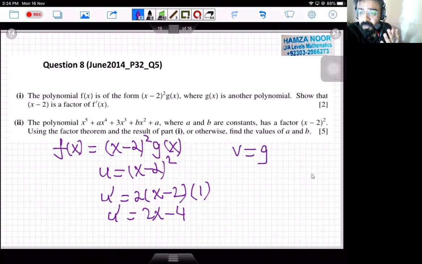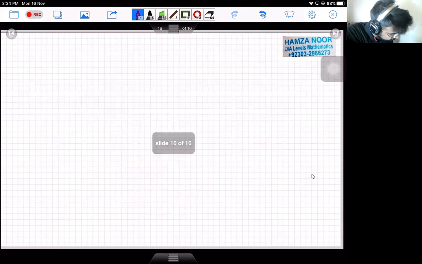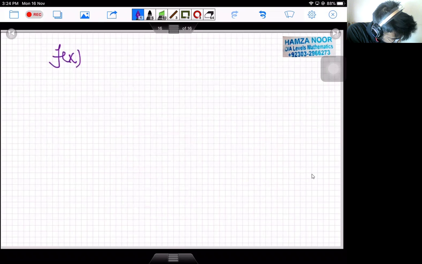Since we don't know the polynomial g(x), v dash, the derivative of v, is the derivative of g(x). As simple as that. The formula for the product rule is, when f(x) is equal to uv, f dash x is equal to u v dash plus v u dash.